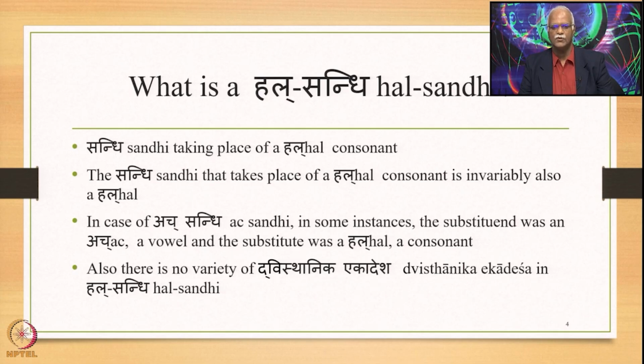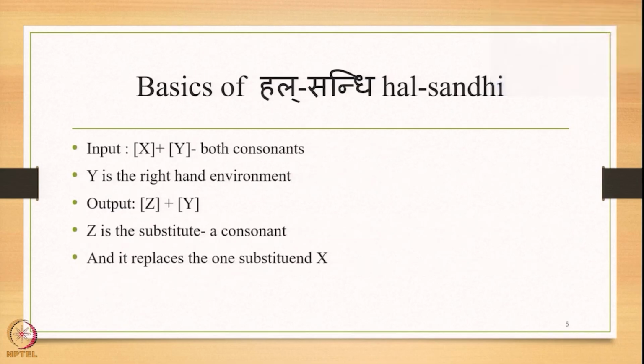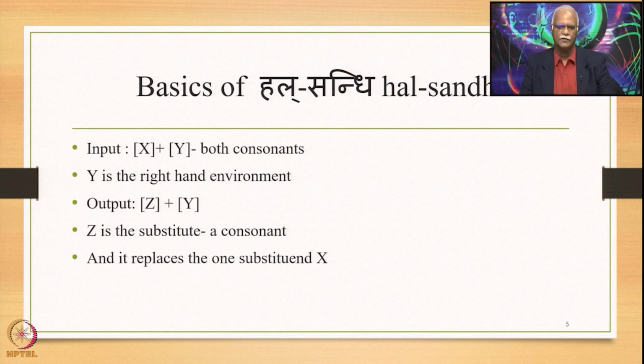Similarly, there is no variety of dvisthanika ekadesha in hal sandhi, which was there in ach sandhi. The basics of hal sandhi can be stated on this slide, where input is x plus y, both of them are consonants.